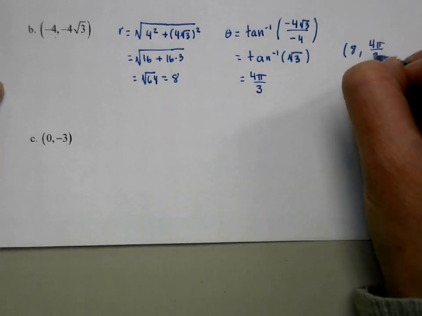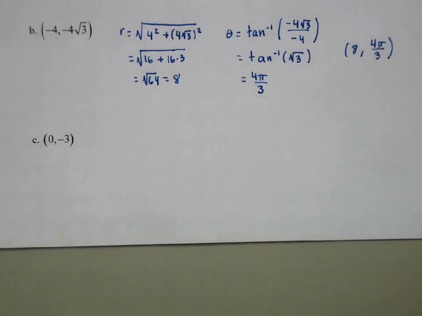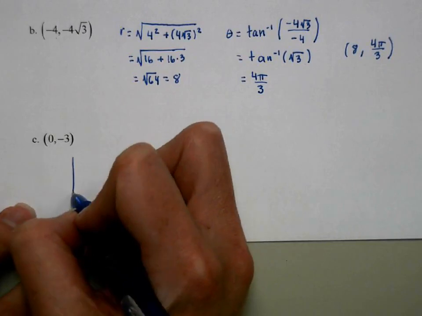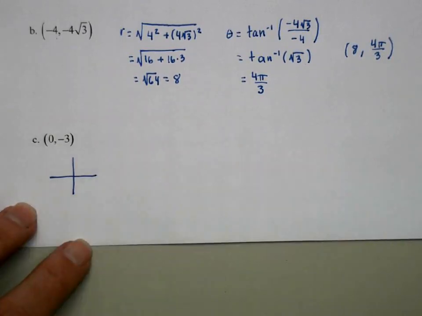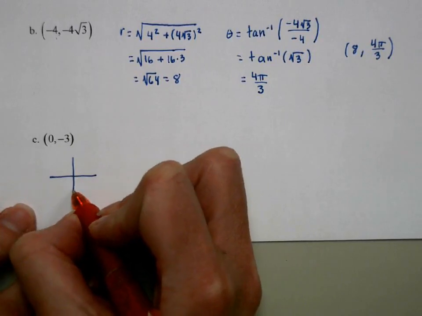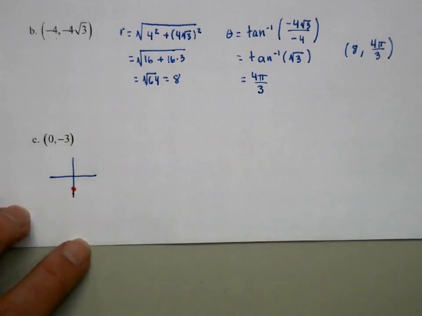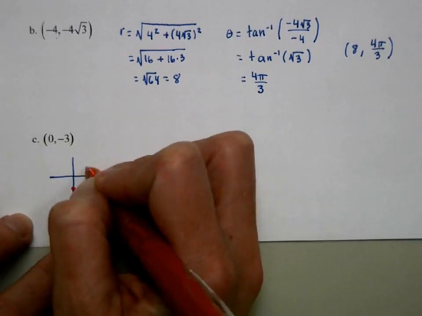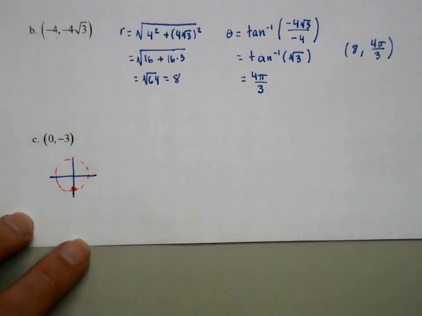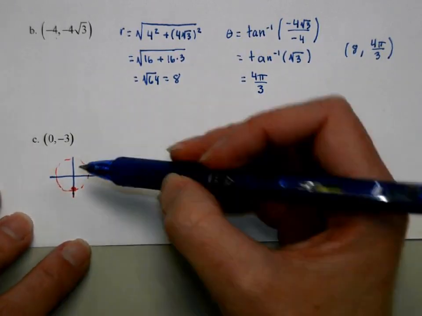For this last one, you can try to use the formulas and you'll sort of arrive at a correct solution. But how I'm going to handle this one is by simply graphing and thinking about putting it on a polar plane. So 0, negative 3 is going to be straight down. If we make this into our polar plane with circles and lines, my r, the distance out, is going to be 3, which you'd also get from the Pythagorean theorem.